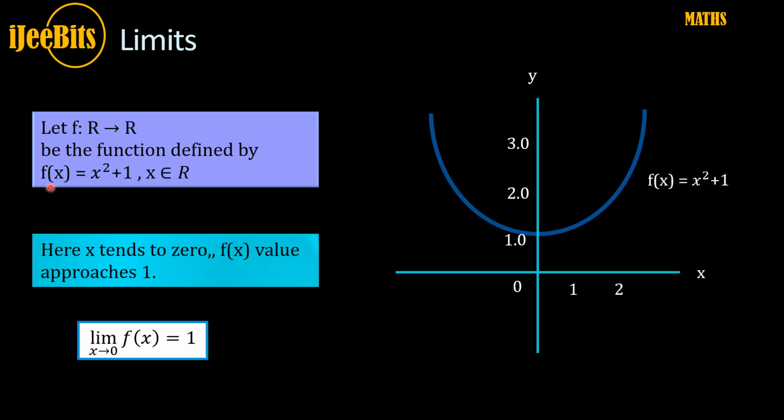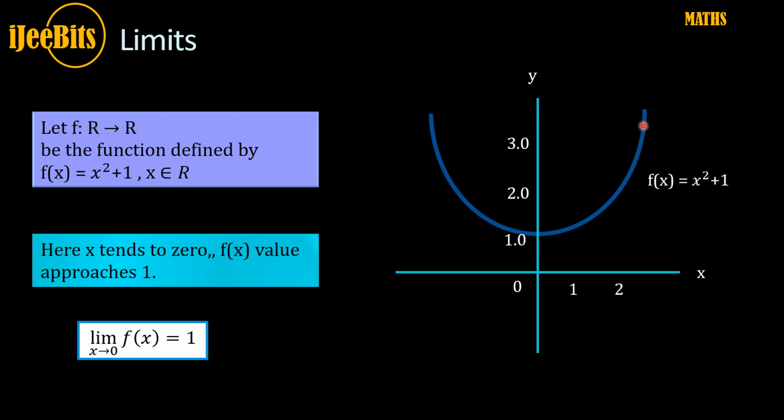Think through it from the right hand side and the left hand side. When the x value tends to 0, moving towards 0, what would your f of x value be? Look here. If x tends to 0, your f of x approaches 1.